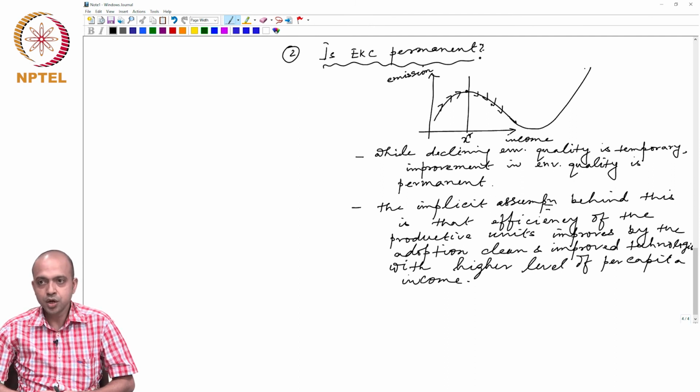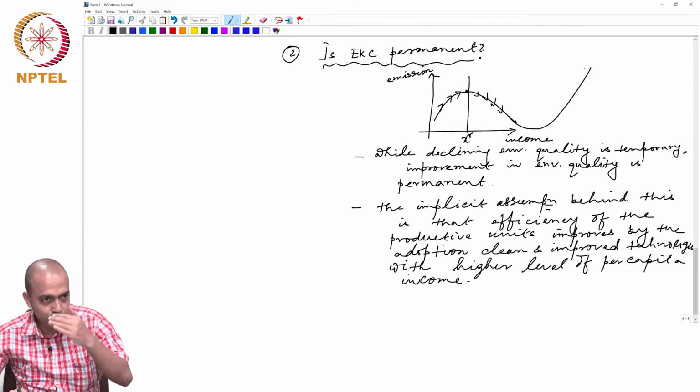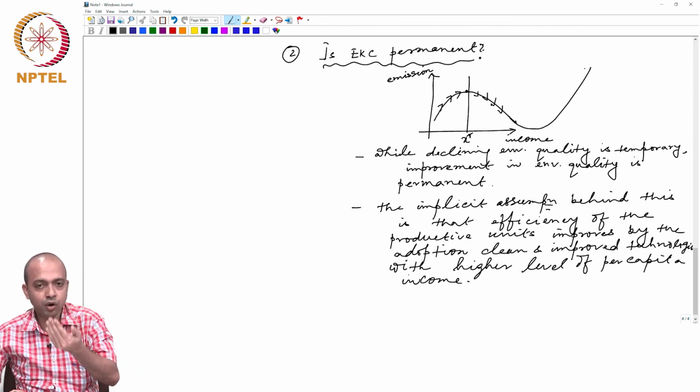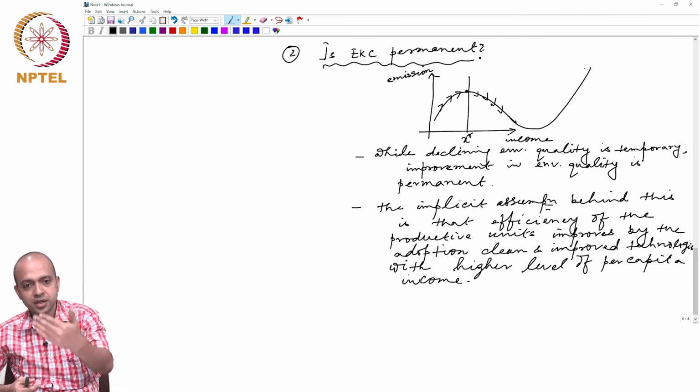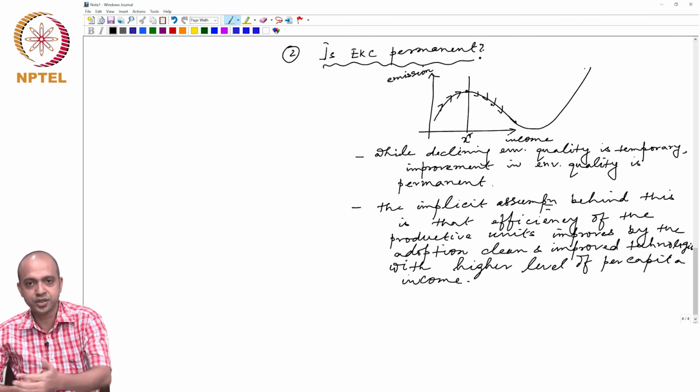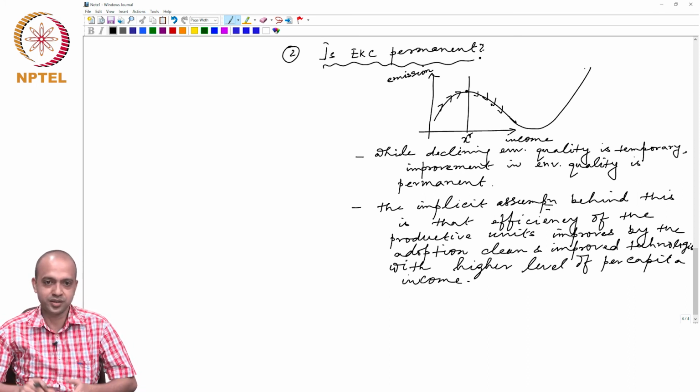So that means we have to be very, very careful about what level of pollution we are generating, and we must keep on thinking the economy must always be continuously involved in technological innovation, so that once a certain level of technology comes to its limiting end, the next level of advancement happens. Okay.